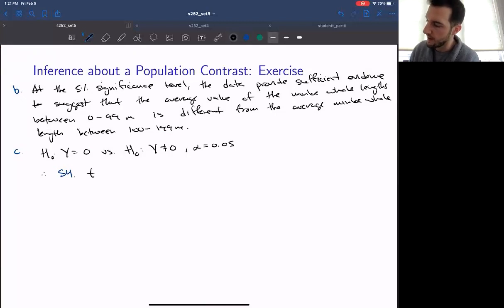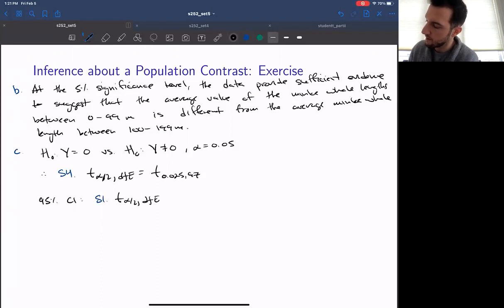So just for clarity, on step 4 of the hypothesis test, our t value would have been t alpha over 2 on DFE, which is t 0.025 on 97. If we built a 95% confidence interval, on step 1, the t value would have been exactly the same.